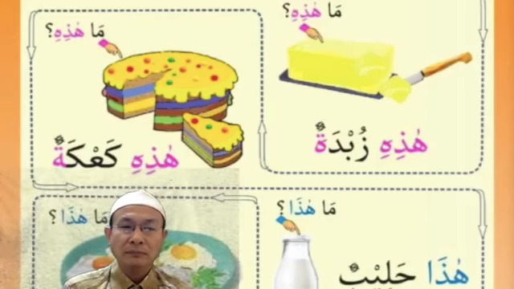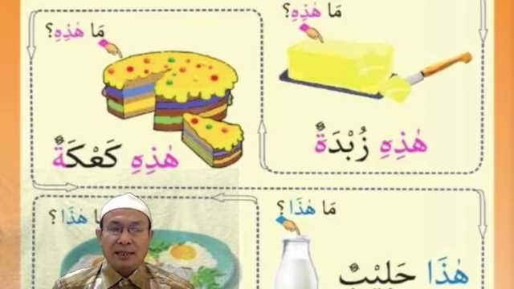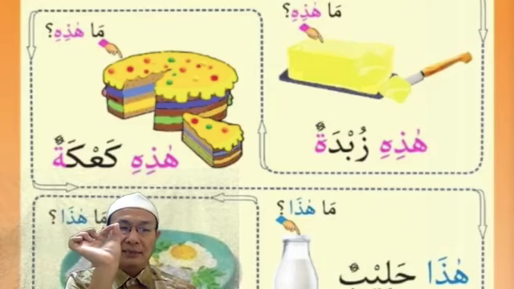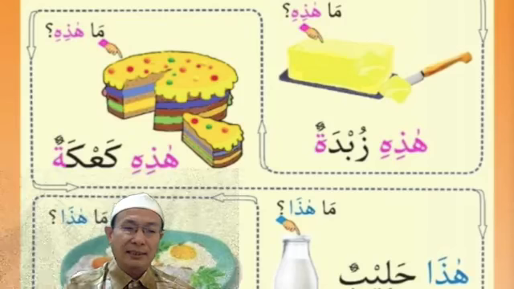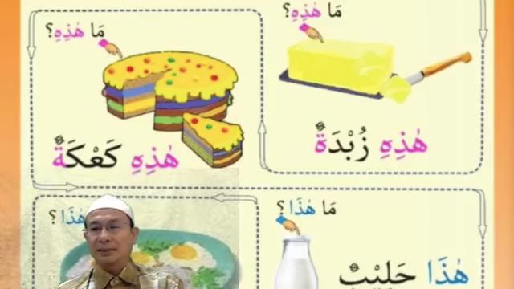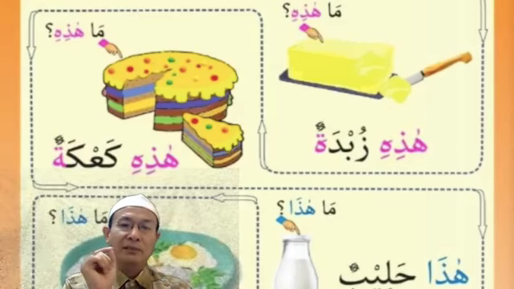Ka'katun. Cake. And now please look at the last letter of this word ka'katun. Can you see ta? Ta marbuta looks like a circle ta at the end of the word. Yes, you see it. So it means this word is a female word.